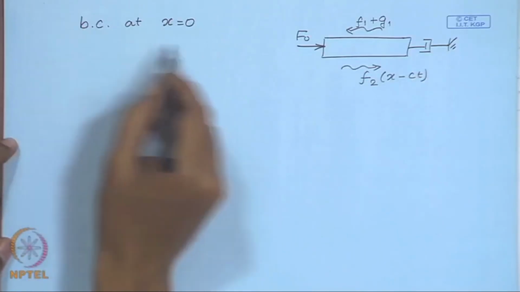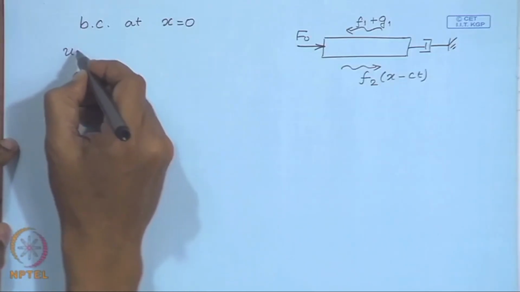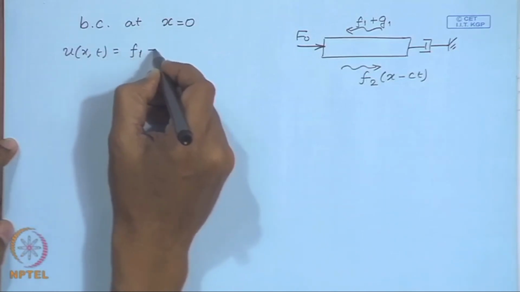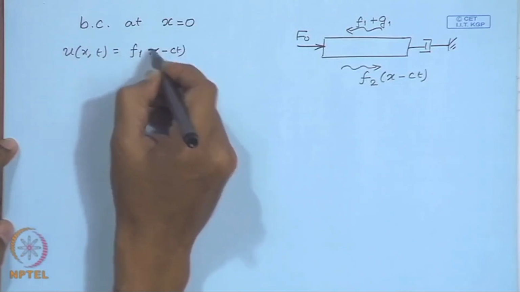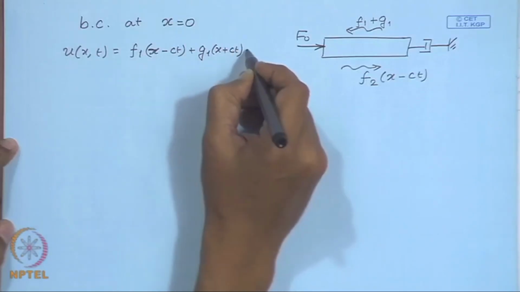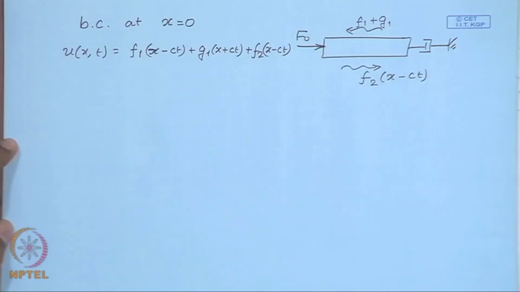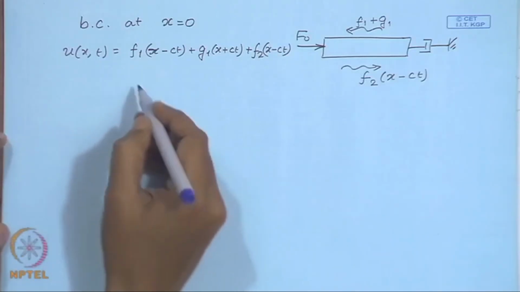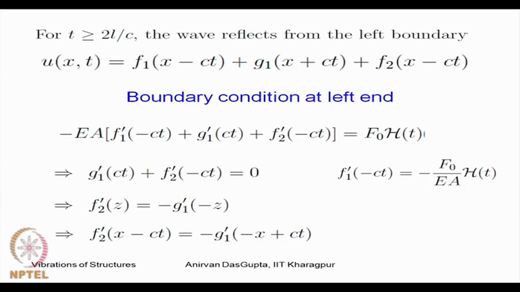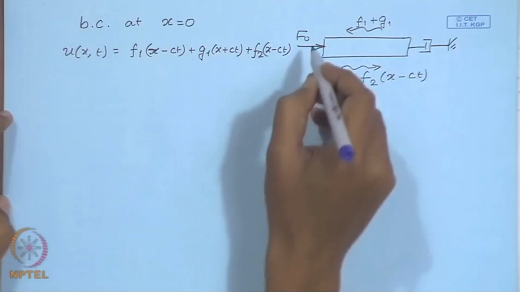Now, the boundary condition at this end, so the wave field is therefore... now if you use the boundary condition at the left end of the bar.